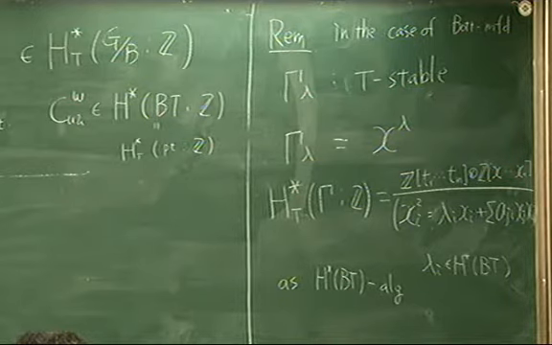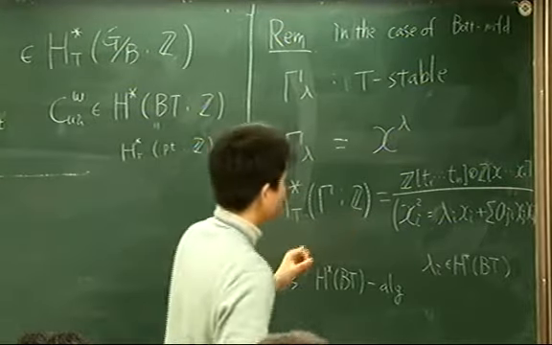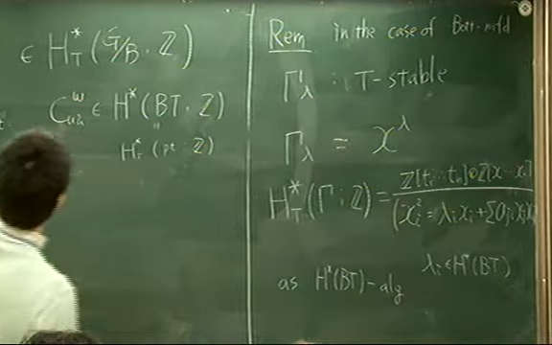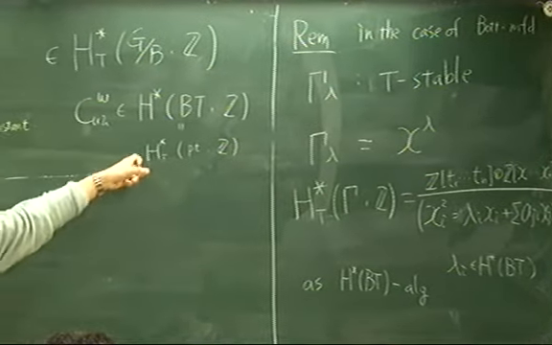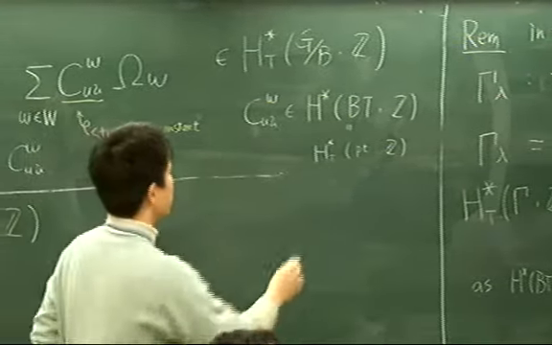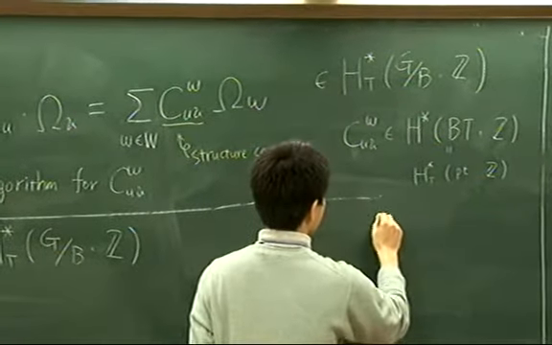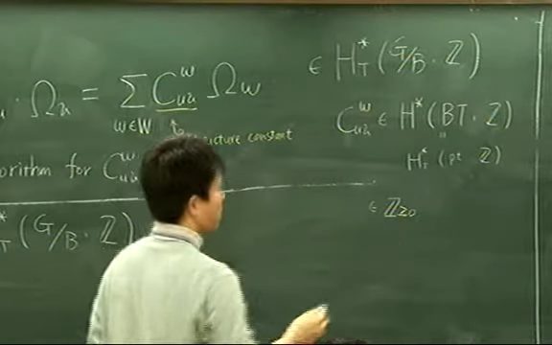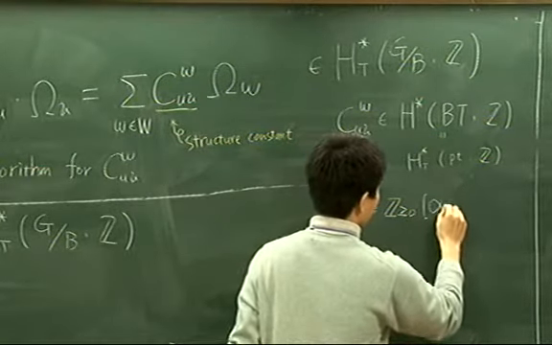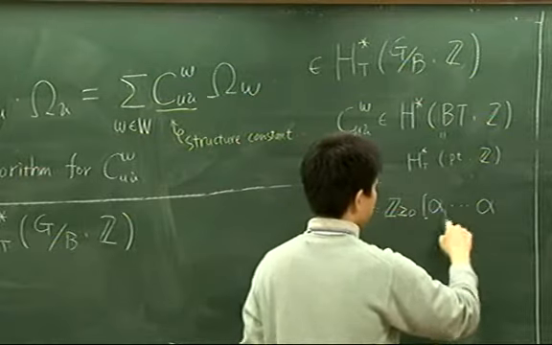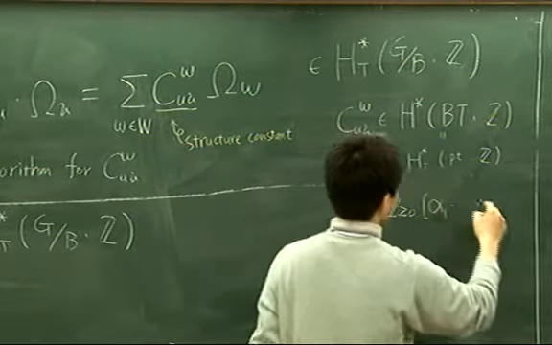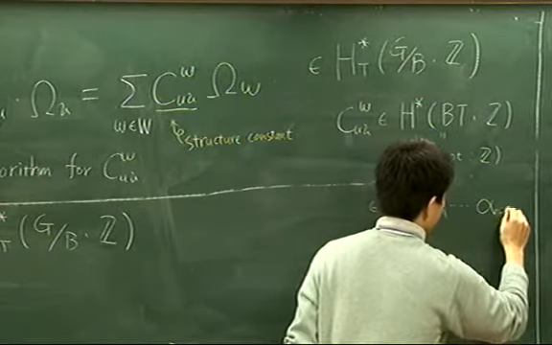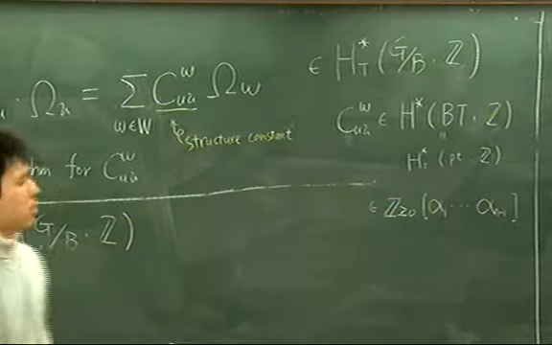And what positivity is here: the structure constant is apparently a polynomial, but actually the structure constant has positive coefficients if you write this polynomial in terms of the generators, the simple roots.